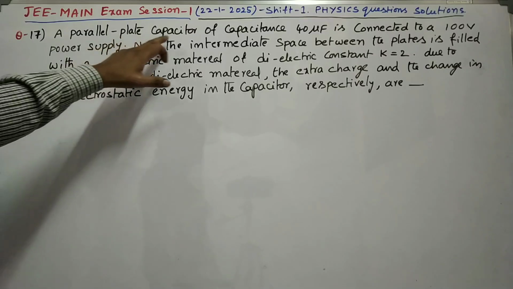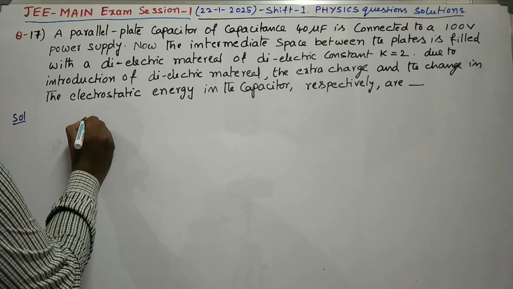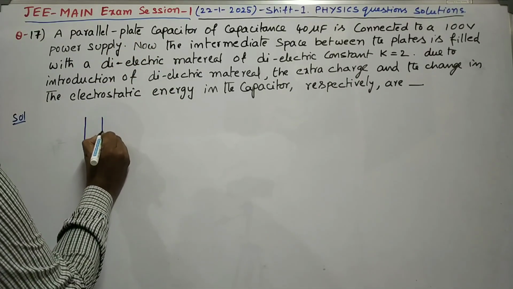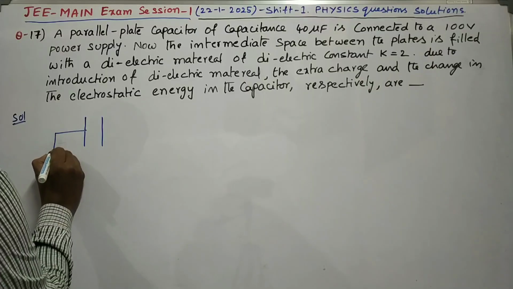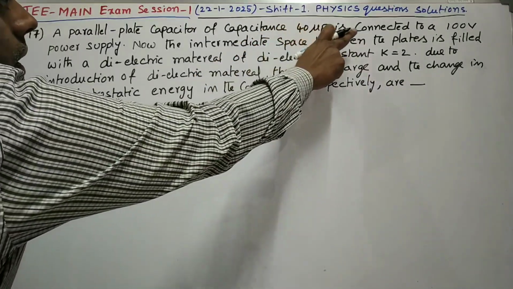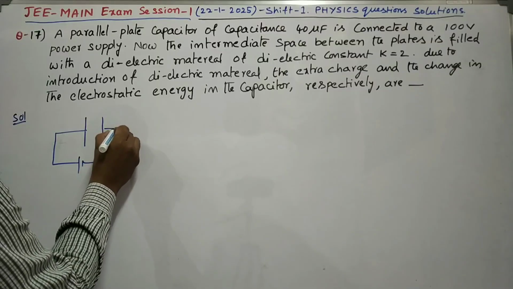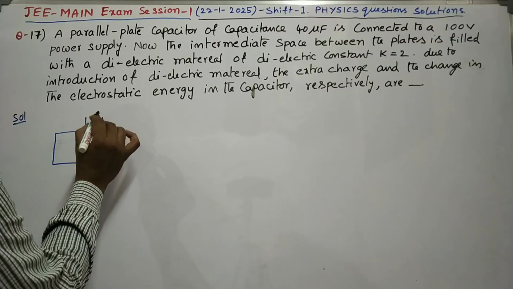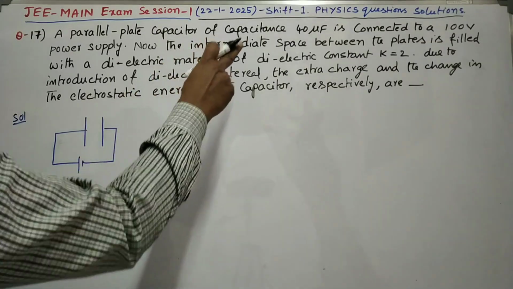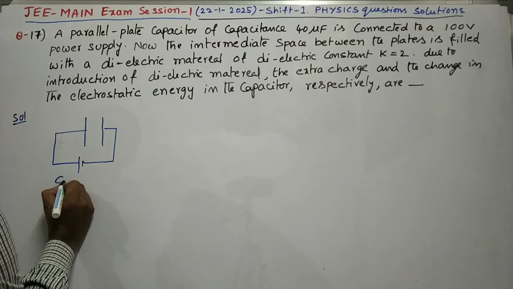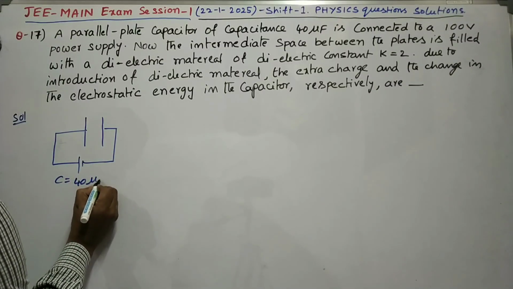First, take a parallel plate capacitor connected to a 100 volt power supply. Its capacitance is given, C is equal to 40 microfarad.